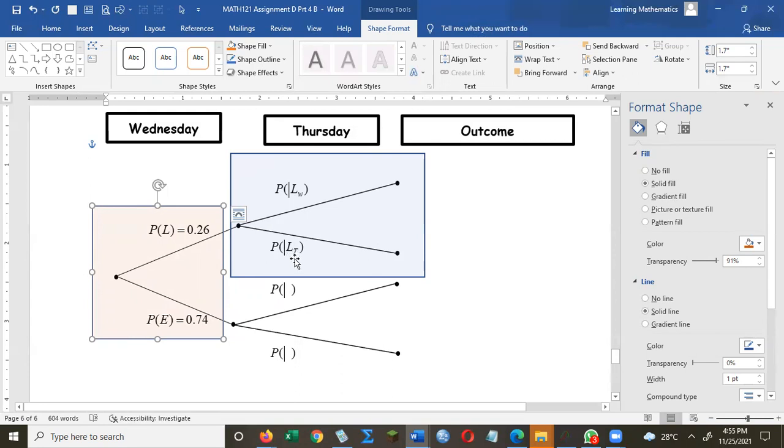Now remember, instead of if, we can say after. After he arrives late on a Wednesday, or after he arrives late on a Thursday. You think that's what we should be writing here? When you say after he arrives late on a Wednesday, we are talking about late having happened on a Wednesday already.